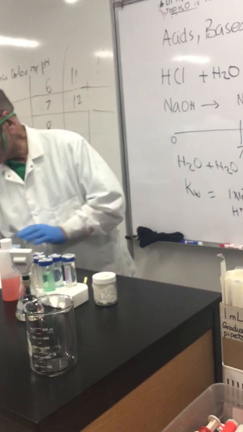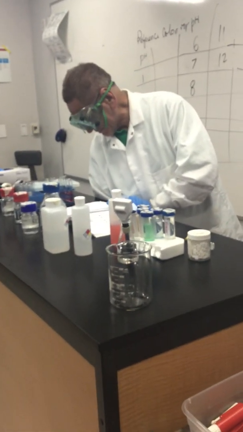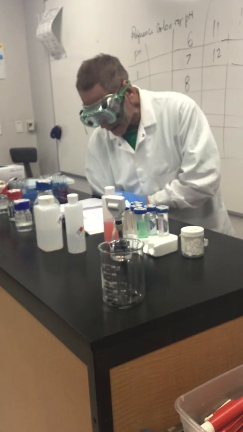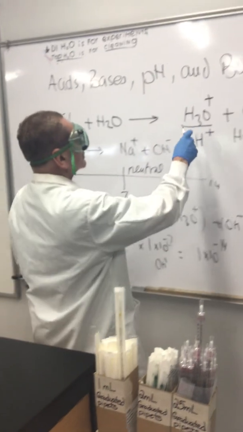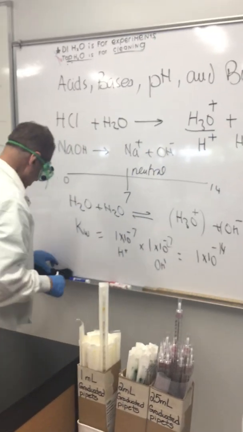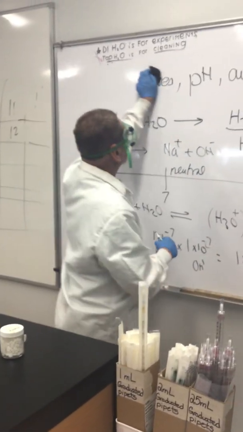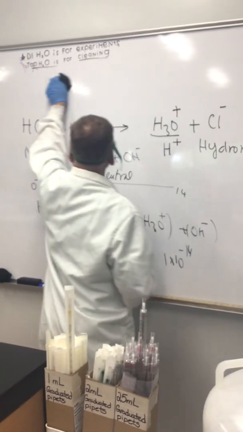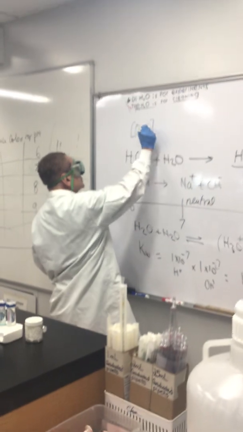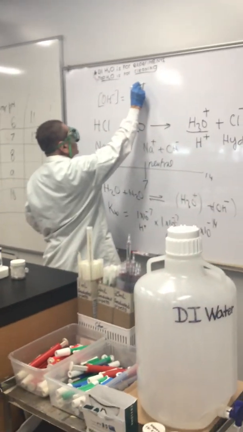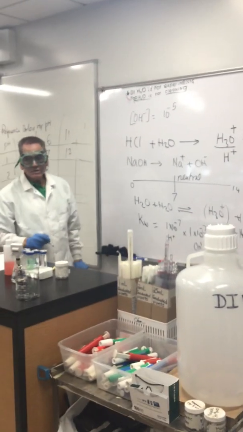All right? So example, if I have the concentration of the base, let's assume OH- concentration. I'm going to erase this, you guys, so I can show you the calculation here. So if OH- concentration is equal to 10 to the minus 5, what is the concentration of H+?